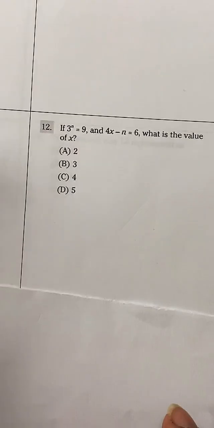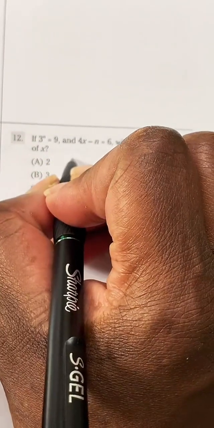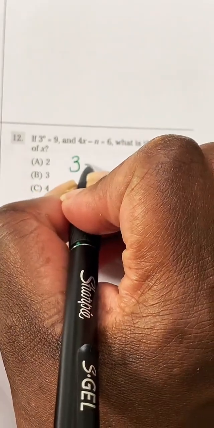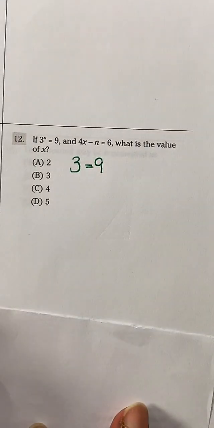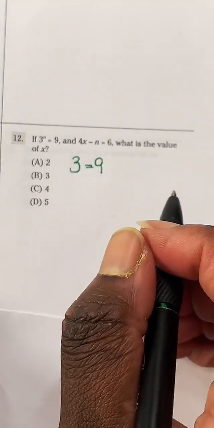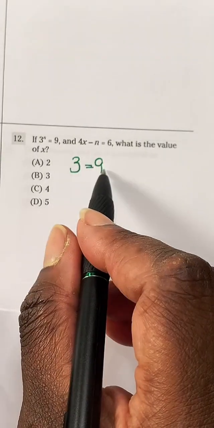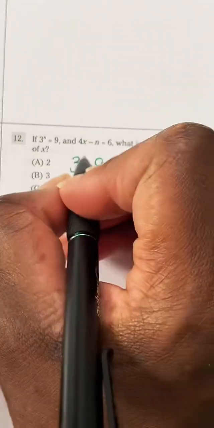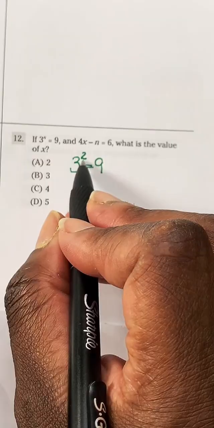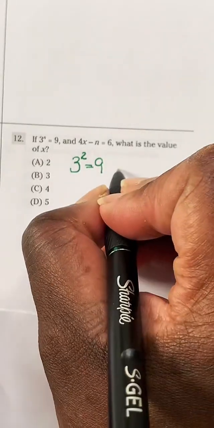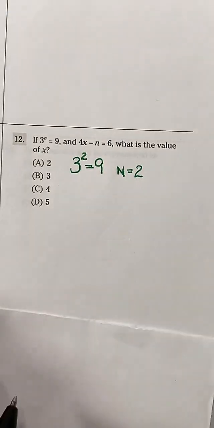All right, so let's take a look. So we know 3 to the what power will give me 9? Okay, so Jen gives me A. So 3 to the what power gives me 9? Okay, thank you. So since we know that 3 squared gives me 9, that means n is equal to 2.